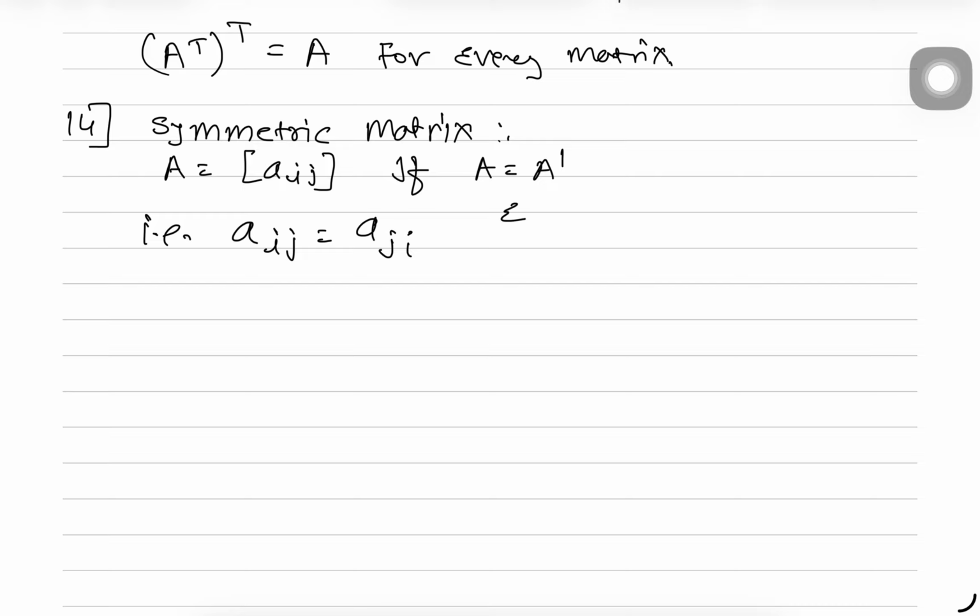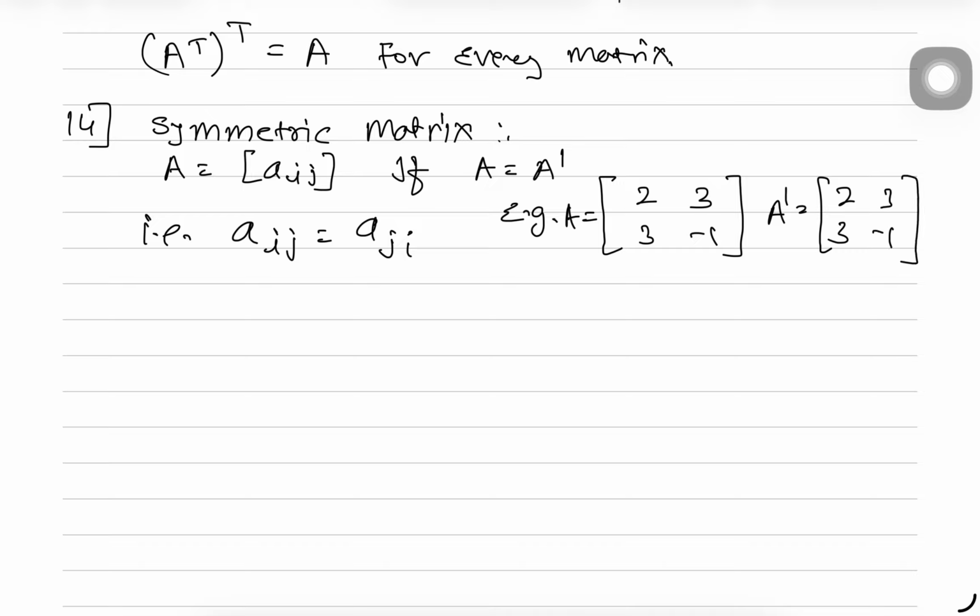You can see the example: 2, 3, 3, minus 1. Say this is A, and A dash itself is 2, 3, 3, minus 1. This is the symmetric example.